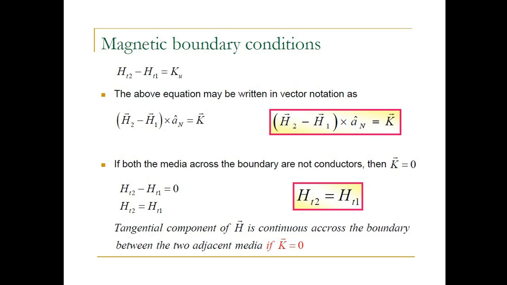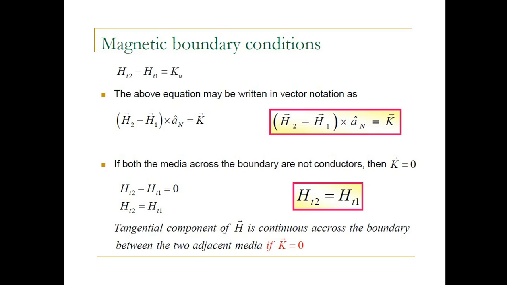It means that if the value of K is 0, then the tangential component of magnetic field strength will be continuous across the boundary, and this is understandable if medium one is a dielectric and the other is a conductor.